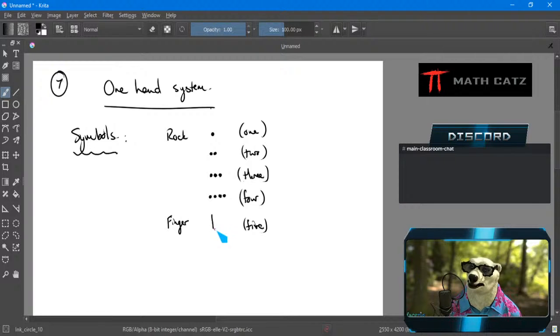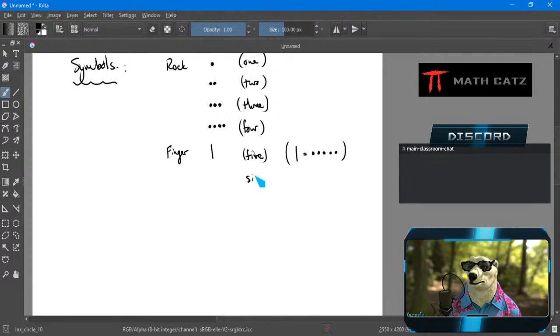So it's not a 1, it's a long line, and that represents 5. One finger represents 5 rocks. So I'll say here, 1 finger equals 5 rocks. But I'm not allowed to write 5 of the same symbol. They felt that would be too much, so they capped it and brought in a new symbol, much like the Romans did.